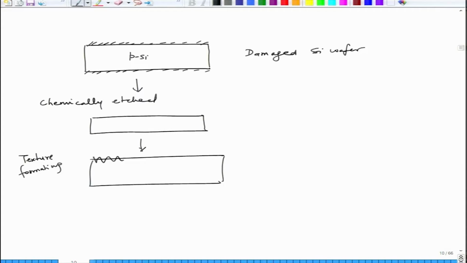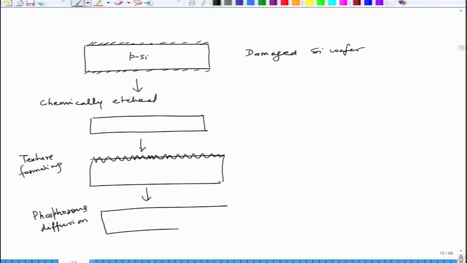So you create this kind of surface. This is called controlled etching, use of the right etchant, so that you have the right plane in the wafer etched. Then you do phosphorus diffusion to make N type silicon on top.